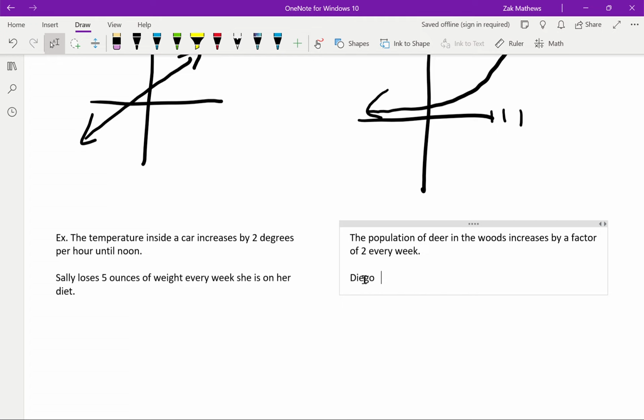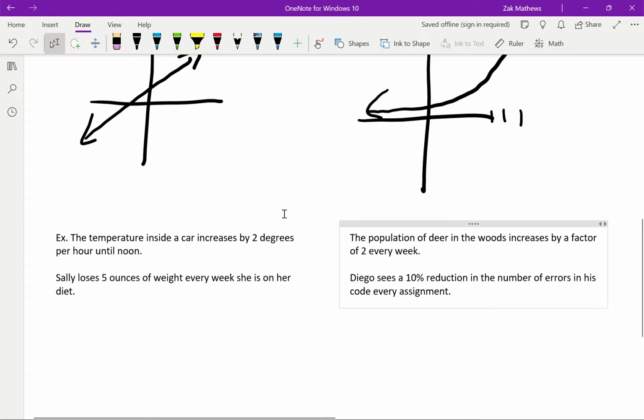Diego sees a 10% reduction in the number of errors in his code every assignment. So Diego may be in a programming class submitting his code each assignment. Every single time he sees a 10% reduction.